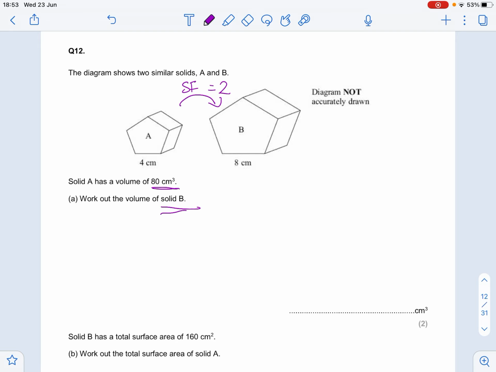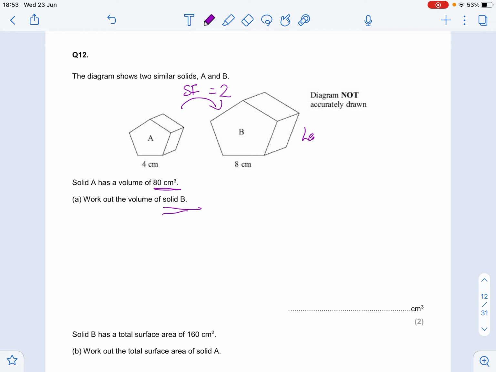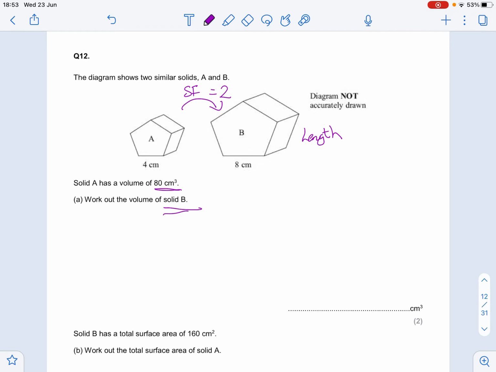Remember we said if we're talking about lengths, the length of the bigger shape is equal to the scale factor multiplied by the length of the smaller shape.